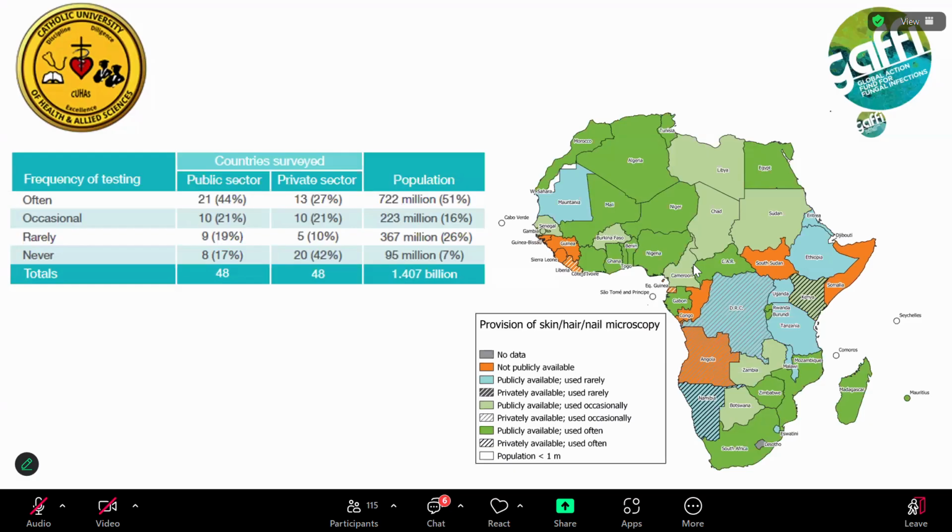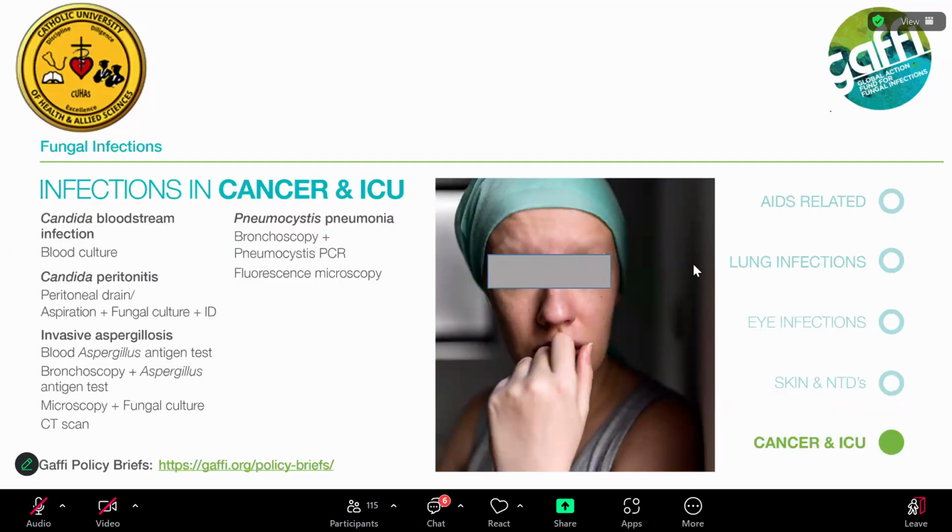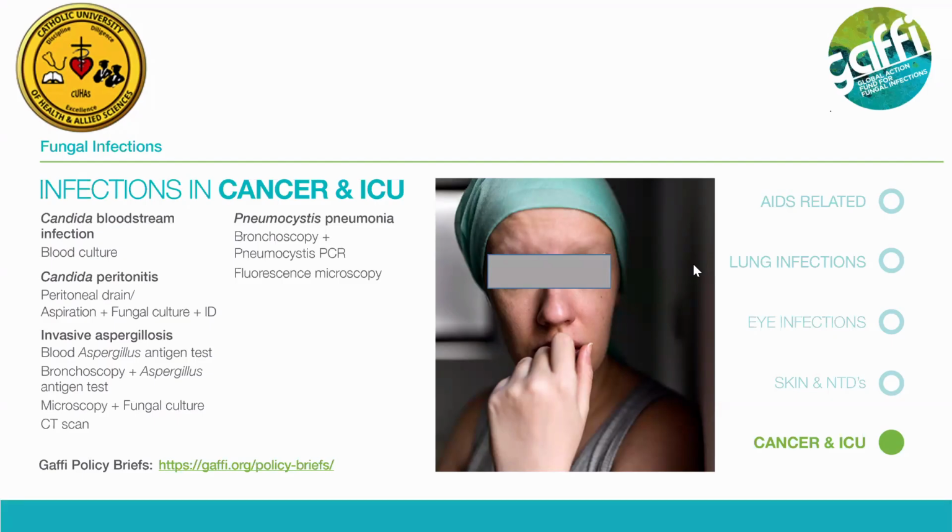We went ahead and looked at cancer because cancer is emerging in Africa, and we have a large number of patients diagnosed with cancer, undergoing chemotherapy. And we should remember having cancer itself is a problem. It compromises the immunity, depending on the type of the cancer, but most important when it comes to fungal infection, we talk of hematological malignancies, which most of the time end up compromising the neutrophil number and neutrophil functionality.